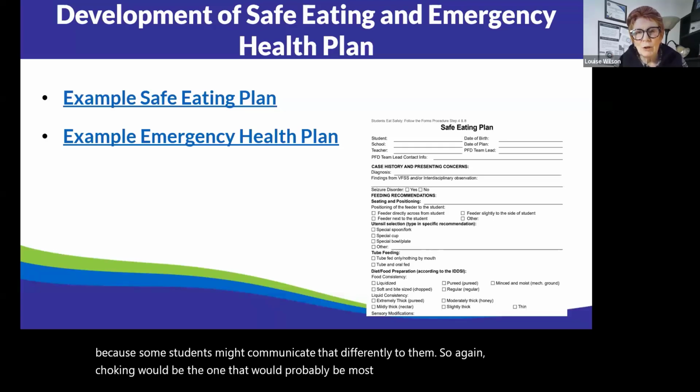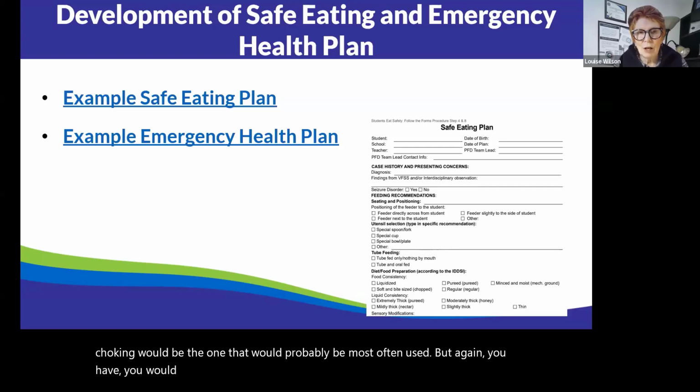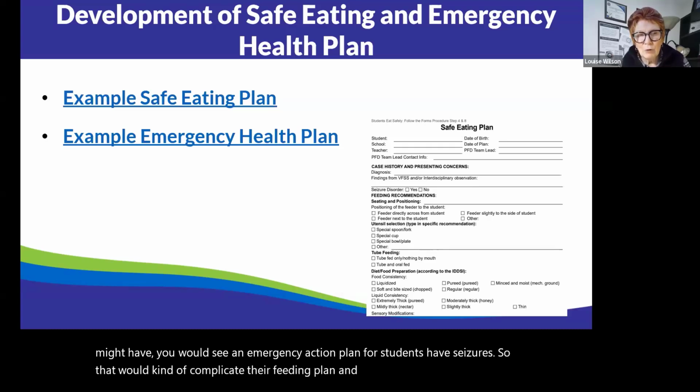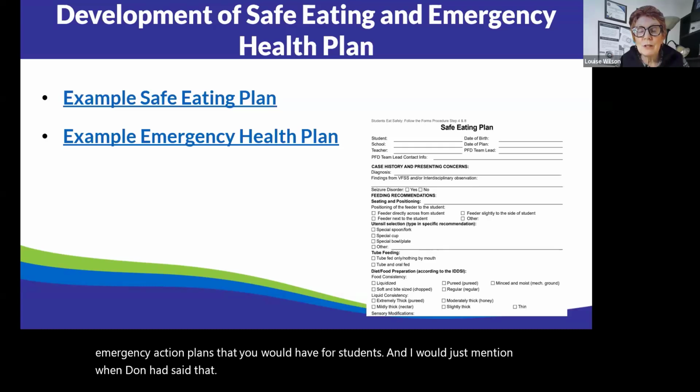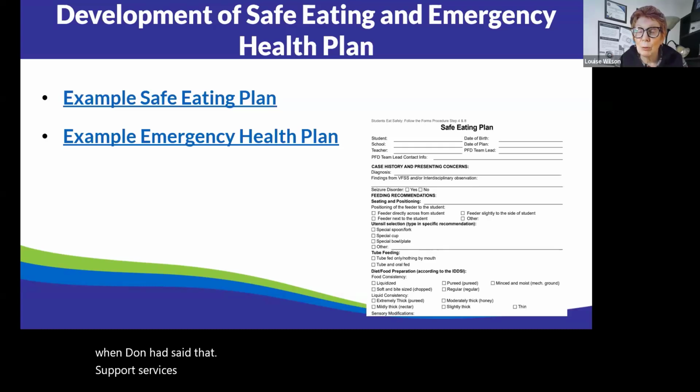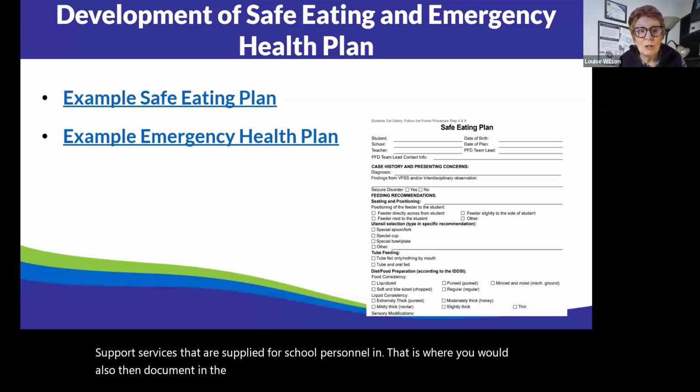But again, you would see an emergency action plan for students who have seizures, so that would complicate their feeding plan. So again, those are the emergency action plans that you would have for students. And I would just mention, when Dawn had said the support services that are supplied for school personnel, that is where you would document in the IEP that the student does have an emergency action plan.